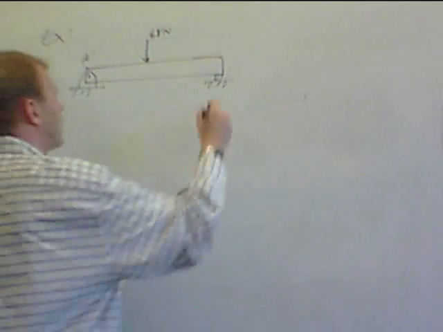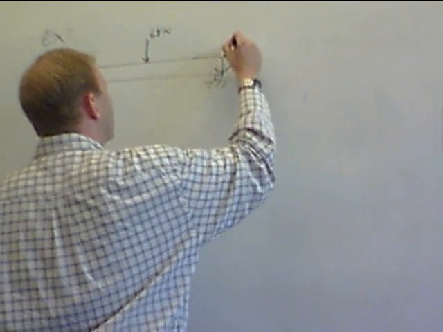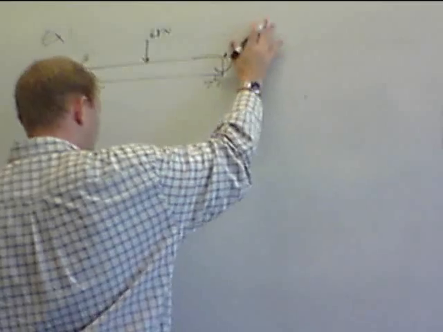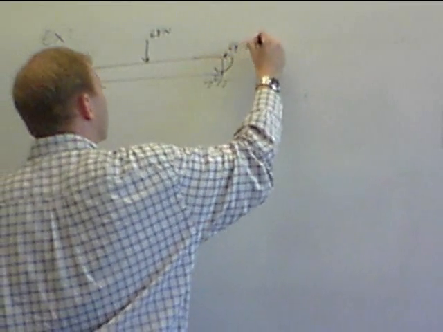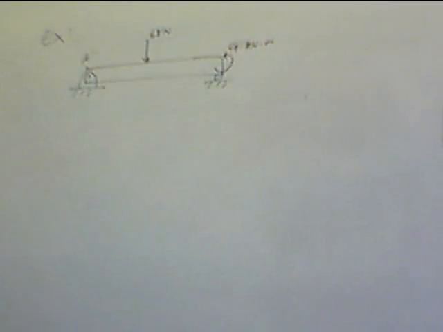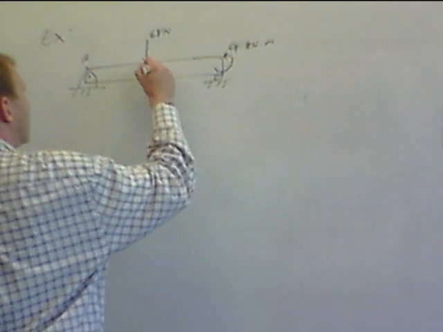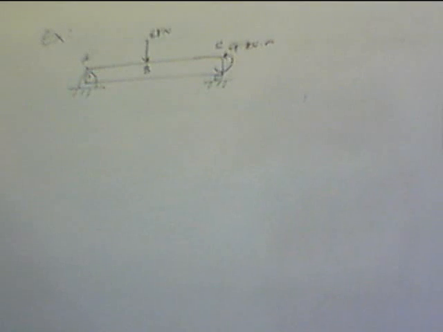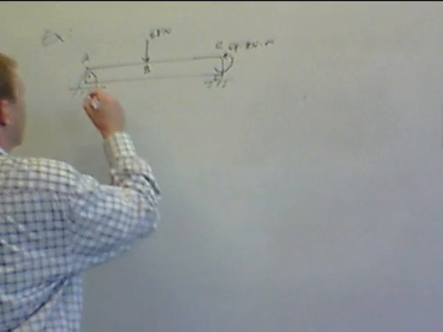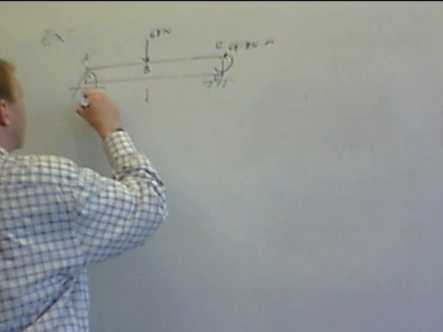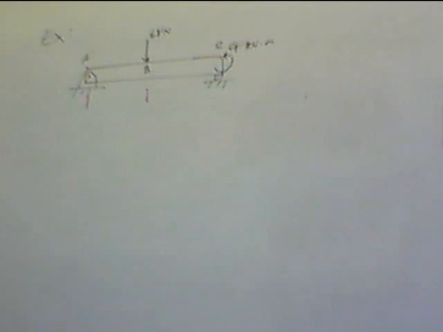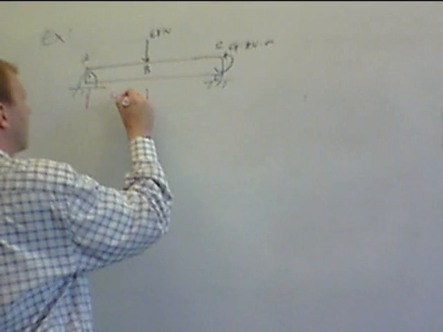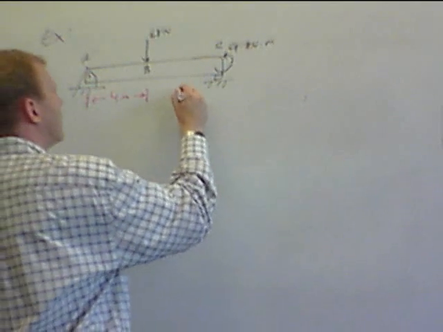And then at the end, we're going to have an applied moment of 9 kilonewton meters. Okay. In terms of dimensions, now we'll call this point B and this point C. In terms of dimensions, I'm going to go with 4 meters and 5 meters.